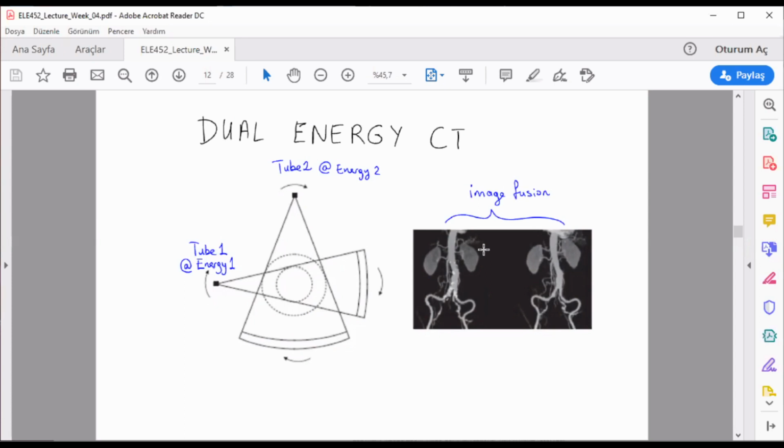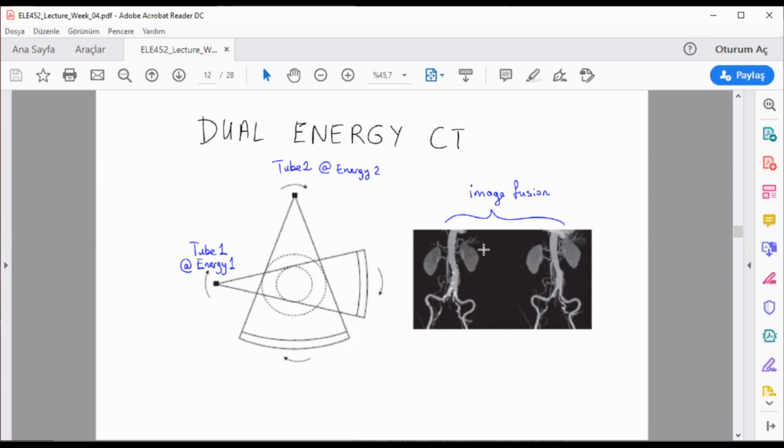This is called dual-energy CT. It has two different energy X-rays sent to the patient. On the left side of the image, there are two tubes. Tube 1 sends the X-ray in the energy 1 bandwidth, and tube 2 sends the X-ray in the energy 2 bandwidth.